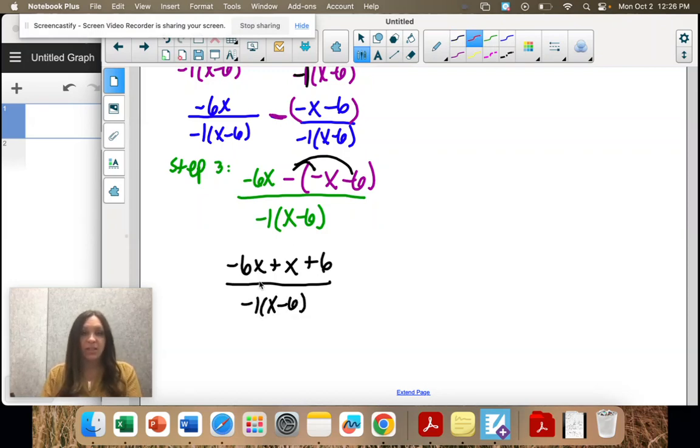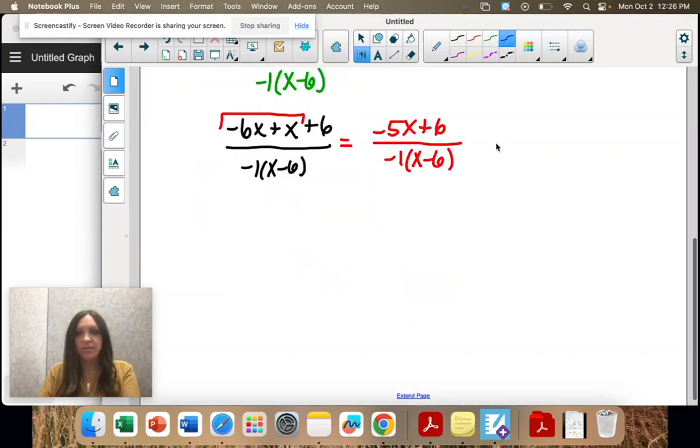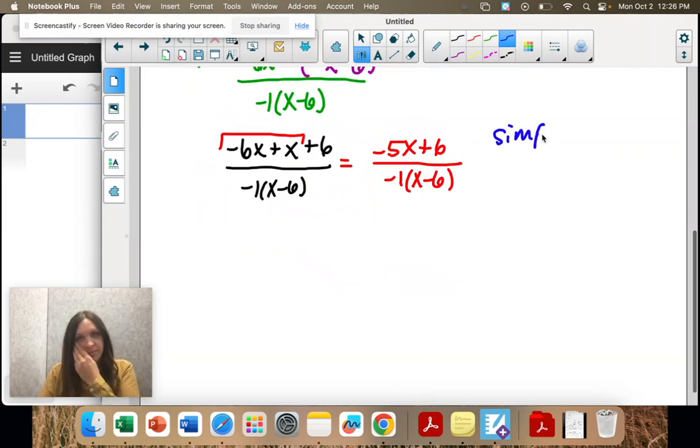Now we're going to combine like terms. So negative 6x plus x is negative 5x, and then that plus 6 is just there. And then the last step is to simplify. When there's a leading negative, you usually take it out.